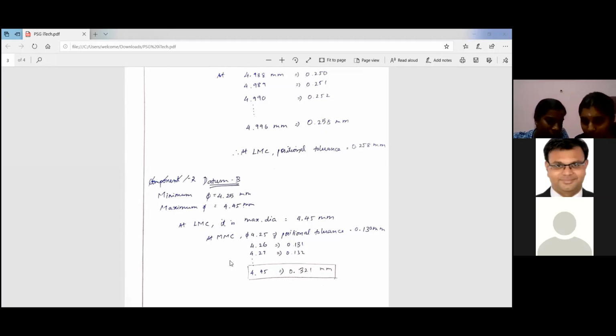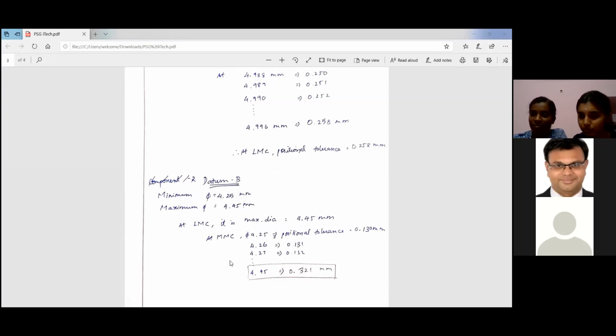In the previous case also they gave the same thing. 4.25, 4.45. It's almost 0.2 increase there, which means from 0.13 you are going to add 0.2.